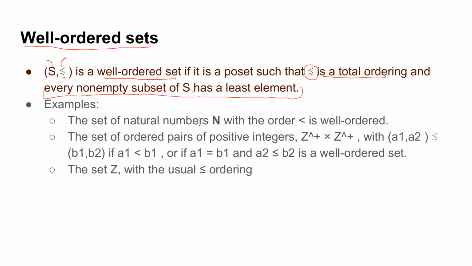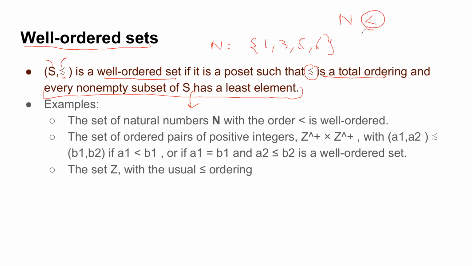If I take natural numbers N, and I take the relation less than or equal to, is this a well order? We know it's a total order because every element is related to every other element. Now the question is, does every subset of natural numbers have a least element under this relation? If I take a subset like 1, 3, 5, 6, does it have a least element?